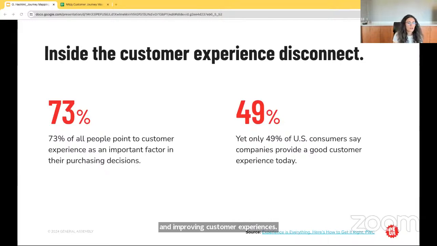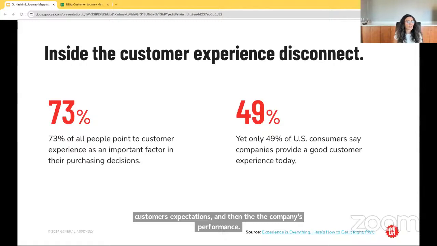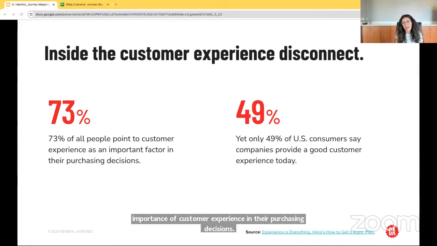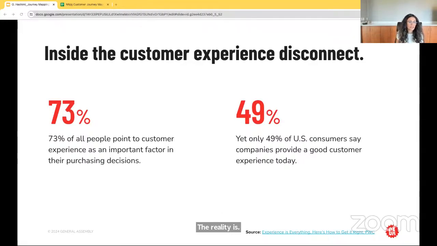Inside the customer experience disconnect. So this statement here highlights a significant gap between our customers' expectations and the company's performance. So while a large majority of consumers recognize the importance of customer experience in their purchasing decisions, the reality is that most companies are failing to deliver on this expectation.